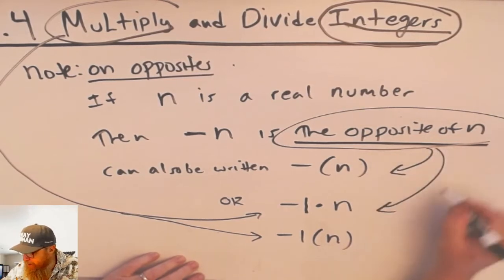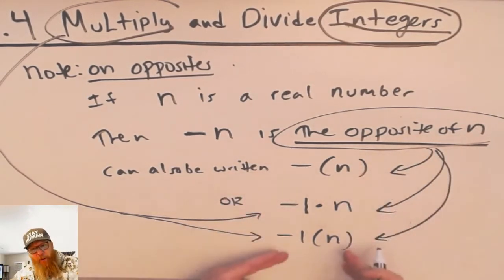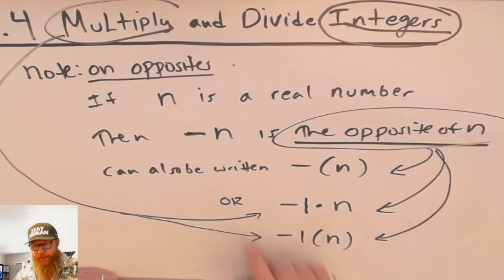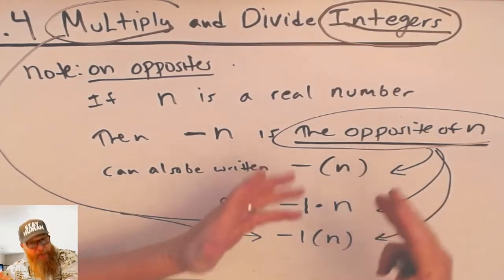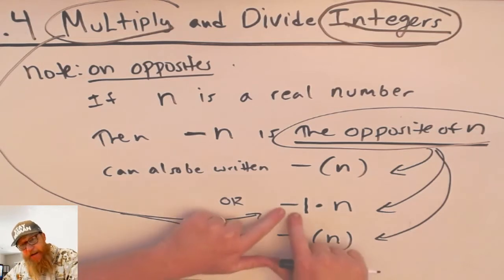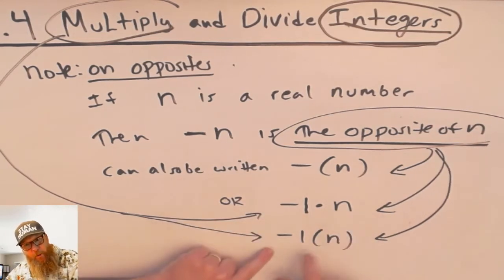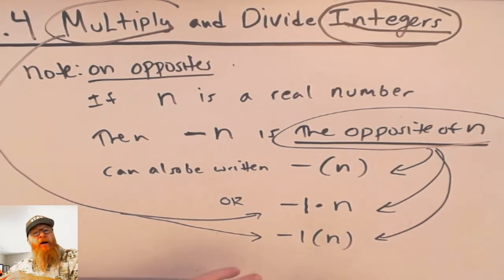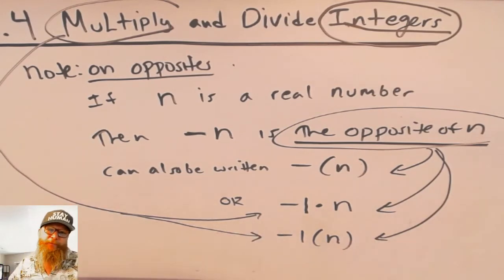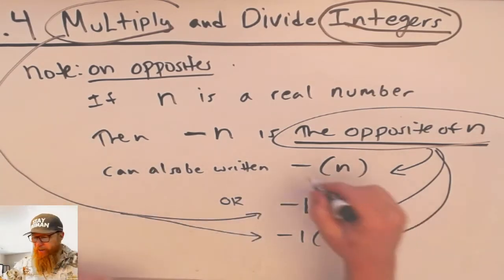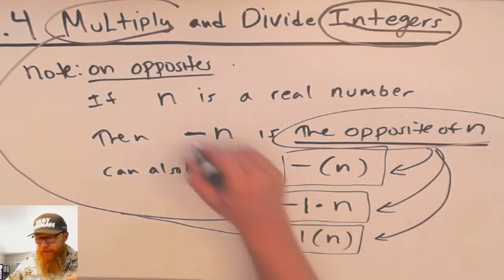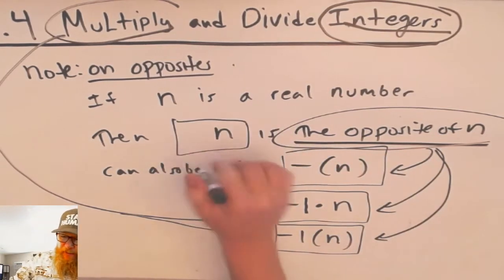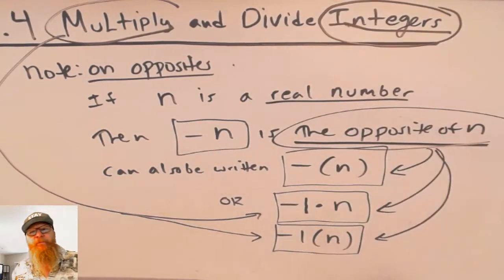These are all different ways of saying the opposite: negative n, negative parentheses n, -1 times n. So all of these are equivalent forms of the opposite of a real number.